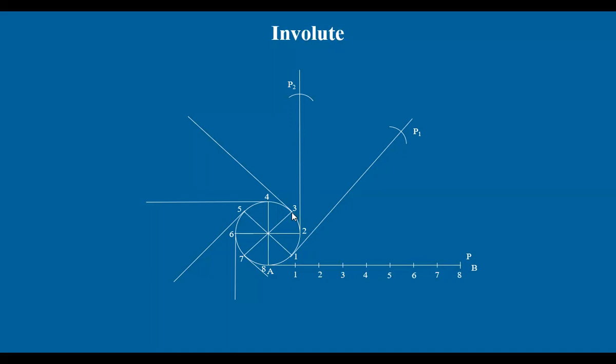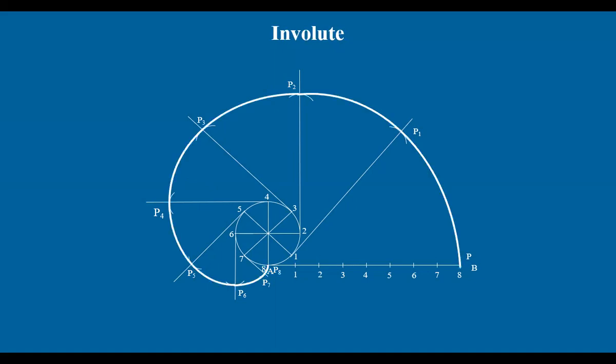So at 3, with 3, 8 as radius, draw an arc and mark it as P3, P4, P5, P6, P7, like this. Of course, P8 already coincides with the circle. Now, we have all the points. Starting from P, join all these points by a smooth freehand curve. You get a curve like this. This is called an involute.